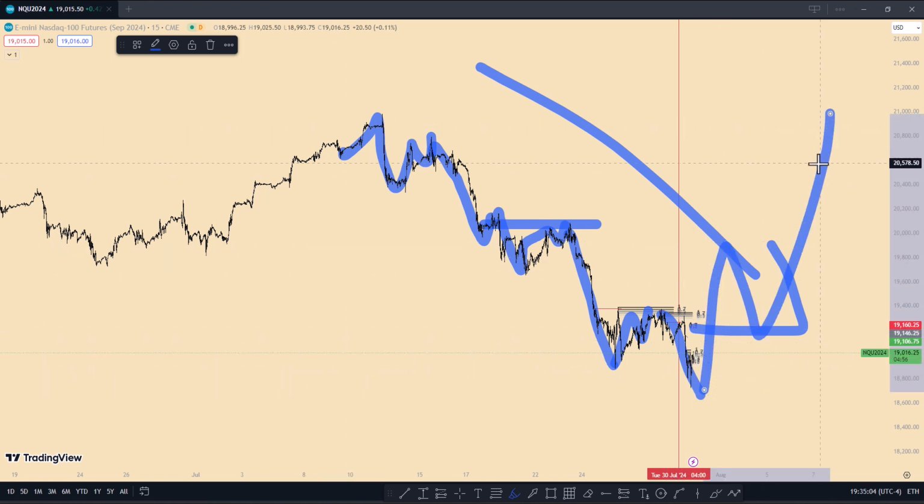Change in market structure after 4 or 6 valid pullbacks, right? So for example, right here, we can see that we have the first pullback right here, the second, the third, the fourth, the fifth, and then on the 6th, we have the market structure shift, and then we trade it to the downside. But here we have 1, 2, and 3. So we can still expect a continuation to the downtrend, right?